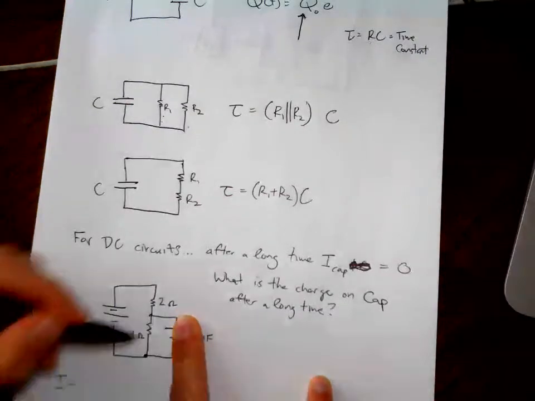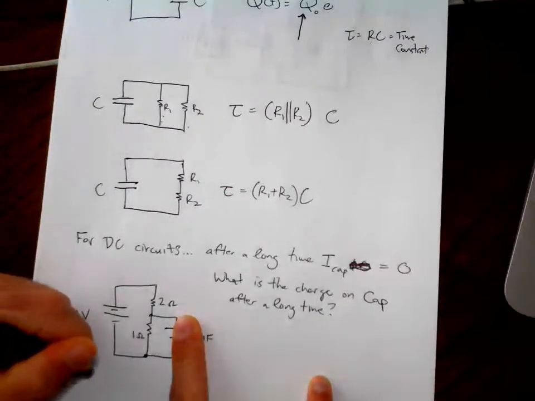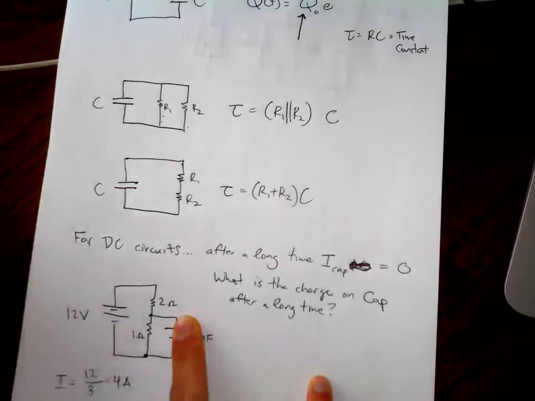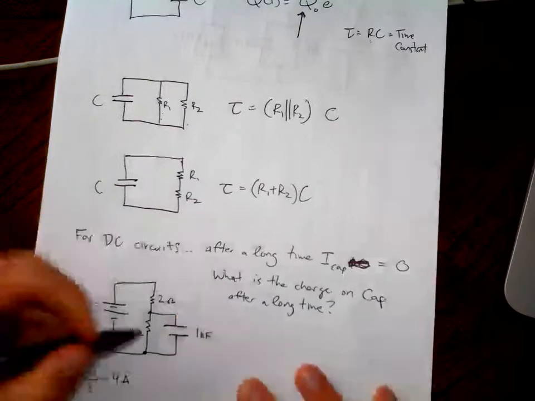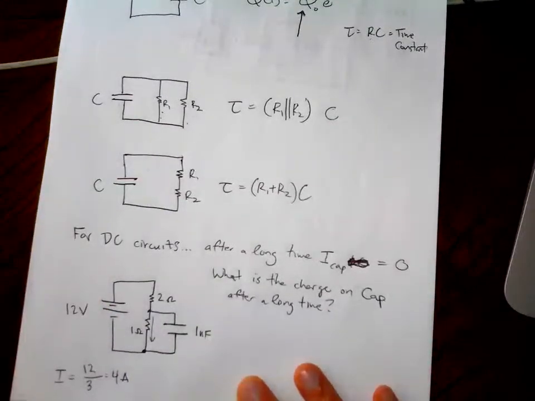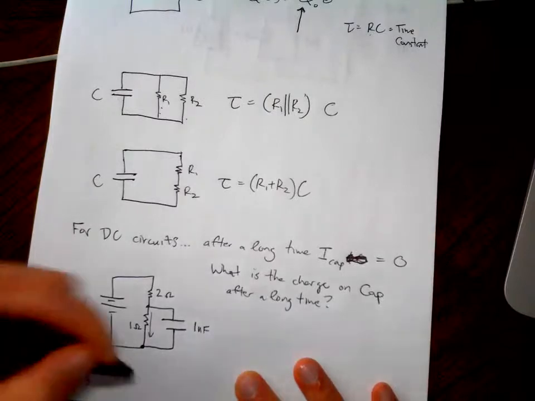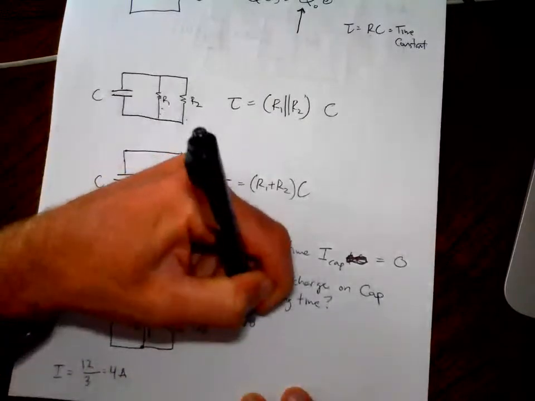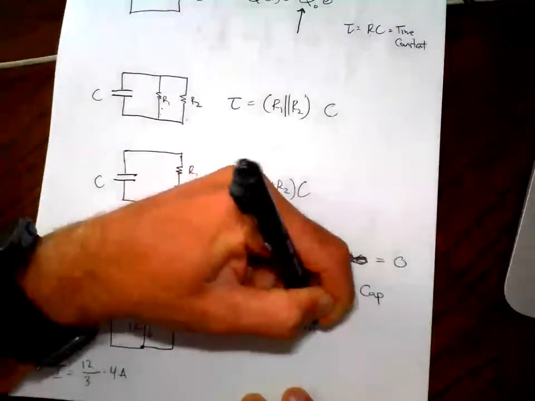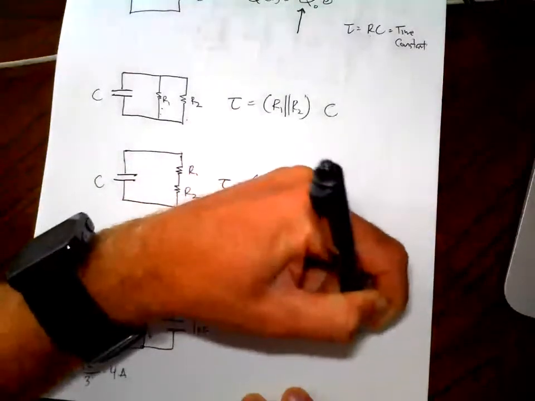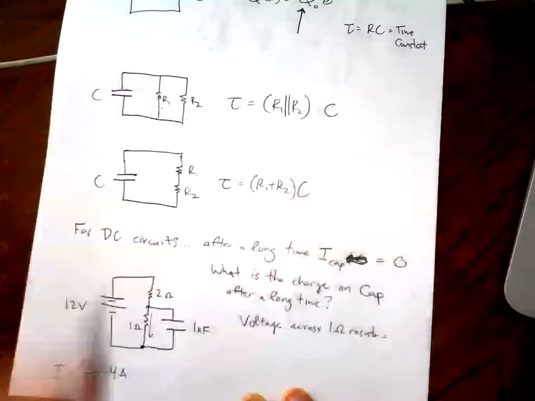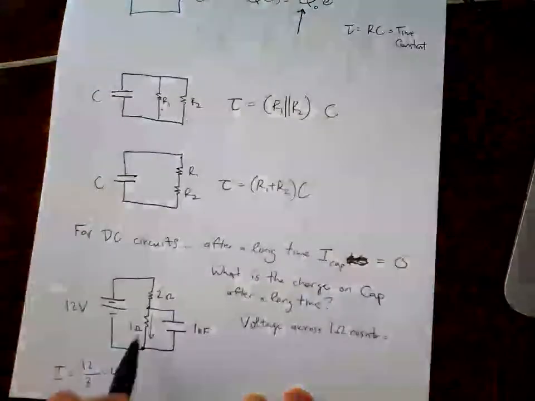So the current that flows is going to be V over R, which is 4 amps. Okay. And so that means 4 amps is flowing through this 1 ohm resistor. So the voltage across the 1 ohm resistor is going to be equal to I times R, so it's going to be 4 times 1 ohm.